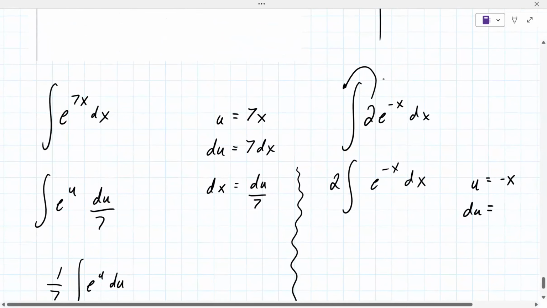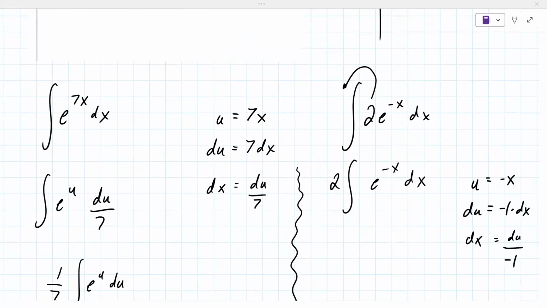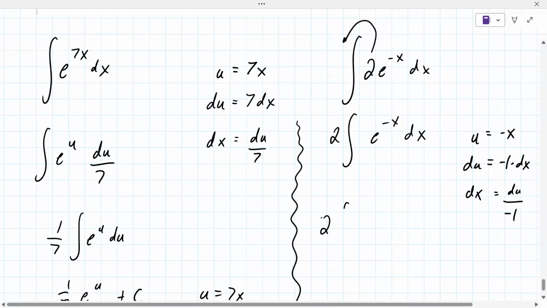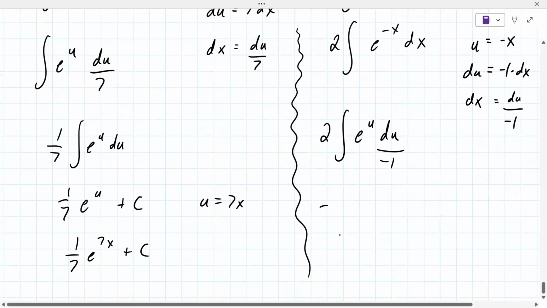So your du is -1 times dx. Solving for dx, it's du over -1. Does that make some sense there? Right. So that's 2 integral e to the u du over -1. So that negative can come out. So it's -2 integral e to the u.